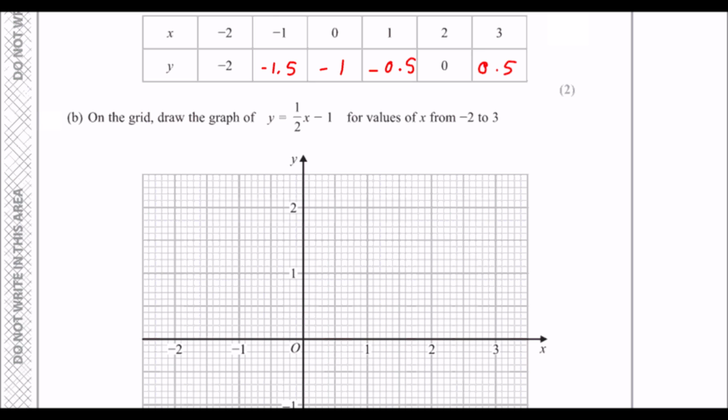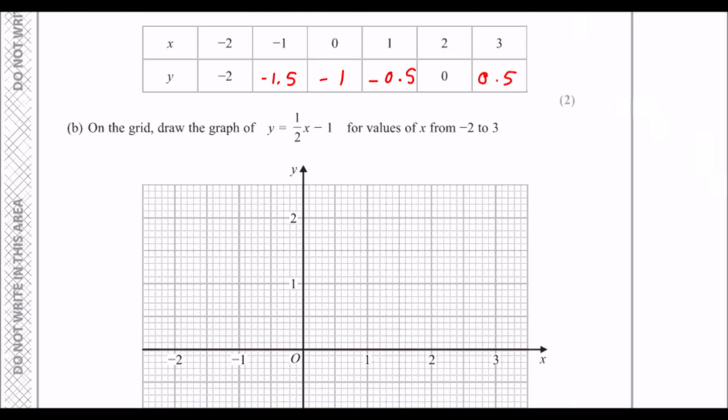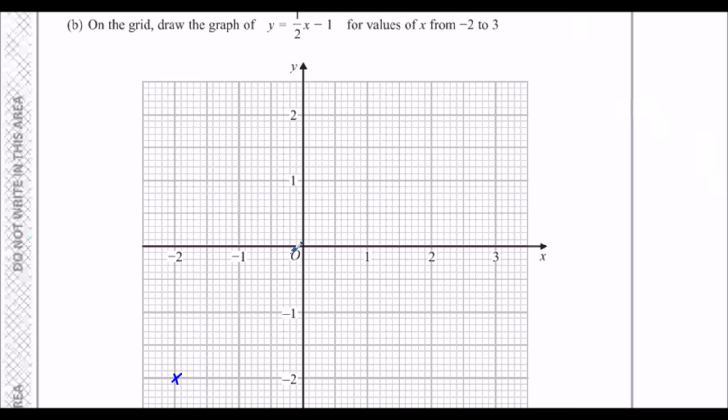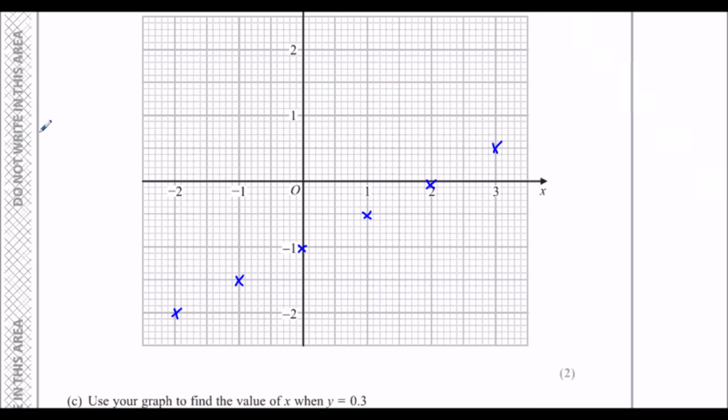We've got -2, -2 on the x, -2 on the y. -1, -1.5. 0, -1. 1, -1/2. 2, 0, and 3, 1/2. And it's lined up in a straight line. So we're just going to draw a line that connects the whole way through.